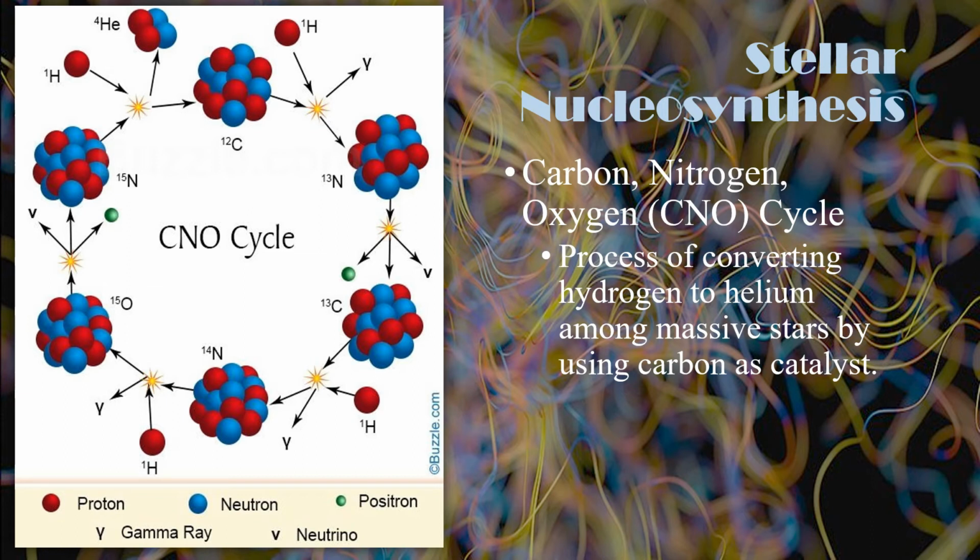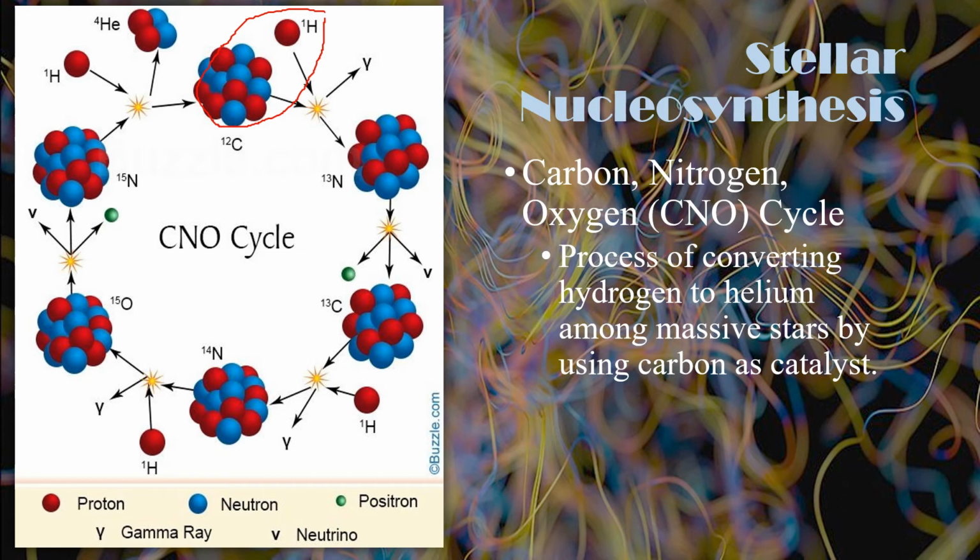They use carbon in order to produce helium. As you can see, carbon is the agent to provoke the nuclear fusion or nuclear activity in the stars. So in Tagalog, ginagamit nila yung carbon or yung carbon ang nagiging dahilan para makapag-produce ng helium. As you can see in this illustration, this is where the CNO cycle starts.